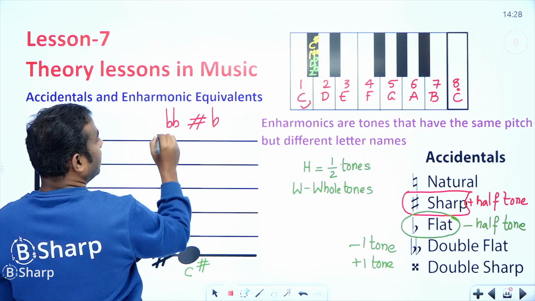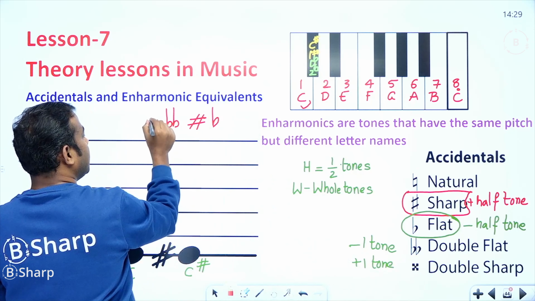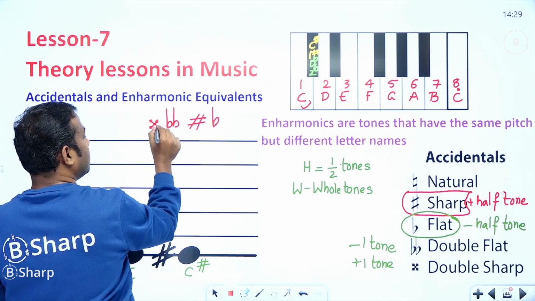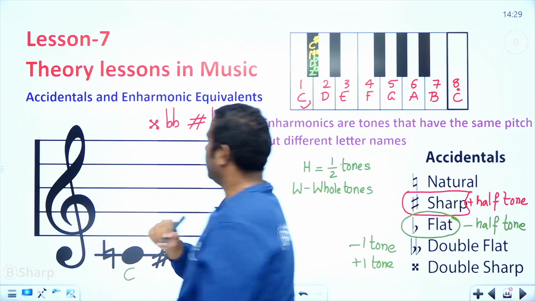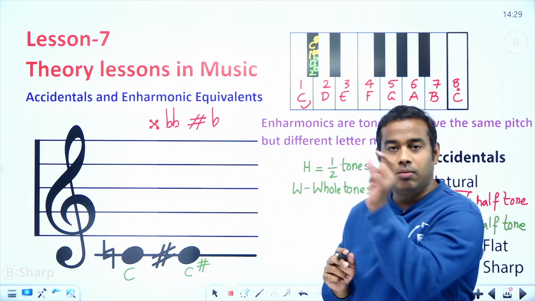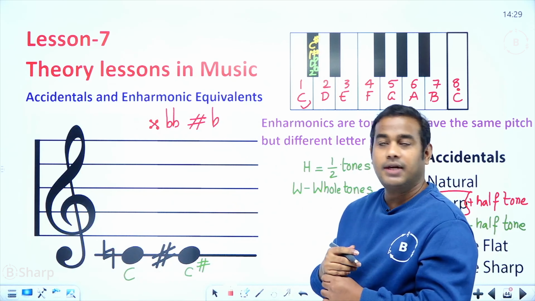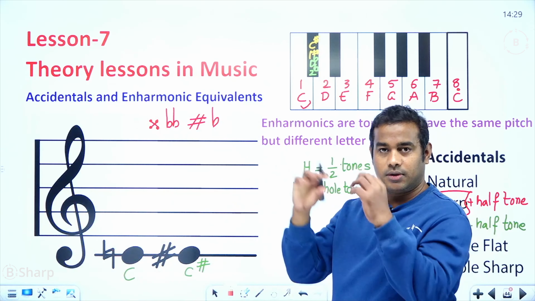If you want to represent a double sharp, it is a small x, where at the corners or edges of the x, you put some bold, just bold at the tips of the x. Easily you can draw it. So this is one thing you need to understand.